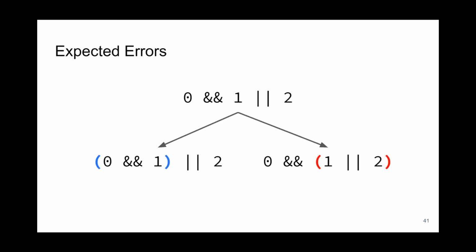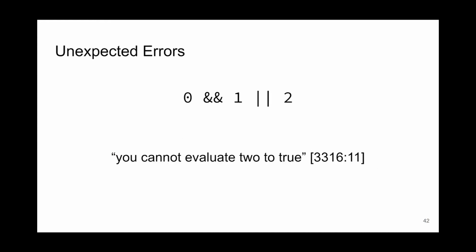Now, another thing that happened is, using the same expression that we talked about before, the operator precedence expression, some subjects never even got to the point where they were evaluating the AND and the OR. Some subjects simply didn't know that you could use arbitrary integers as Boolean values.